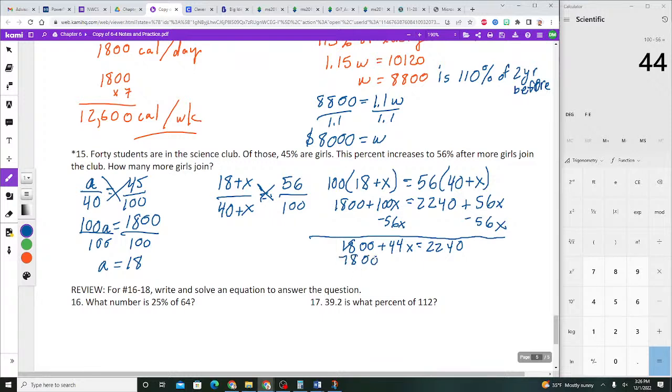Subtract 1,800, subtract 1,800. So 44x equals 2,240 minus 1,800, 440. Dividing both sides by 44, x would equal 10. So 10 girls joined the group.